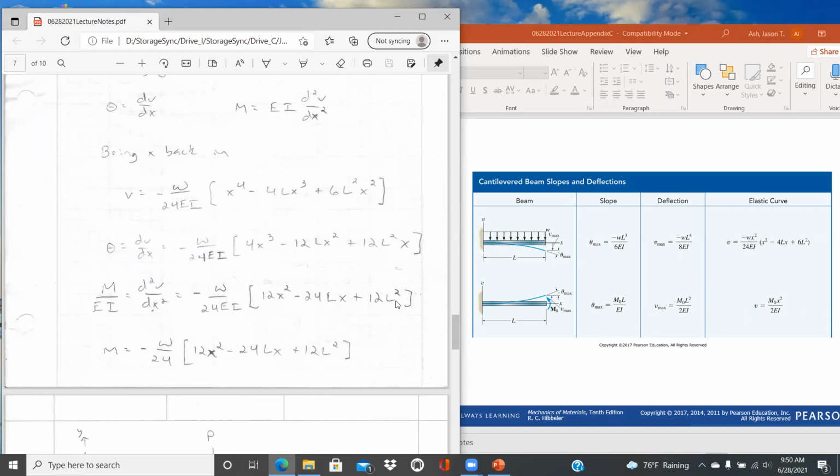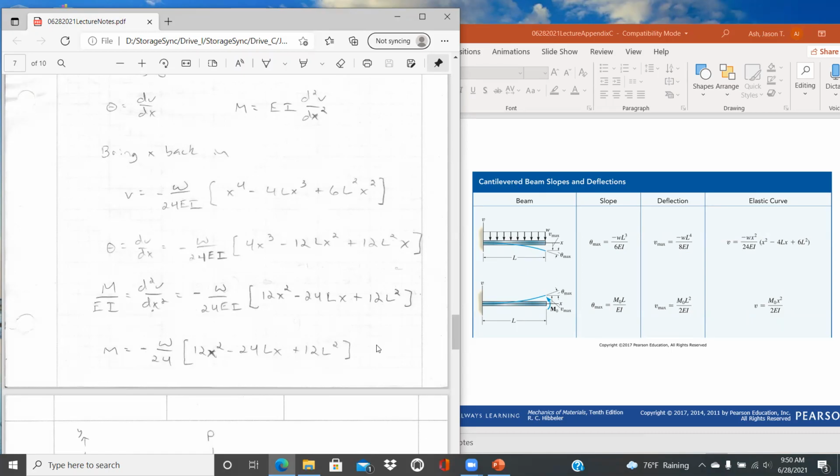And the main thing to remember once you get down to this level is you still have this EI in the denominator on both sides, so EI is going to disappear. So that internal moment is equal to minus w over 24 times 12x squared minus 24Lx plus 12L squared. And that's something I've seen students commonly forget, that is getting rid of that EI term since they cancel on both sides.